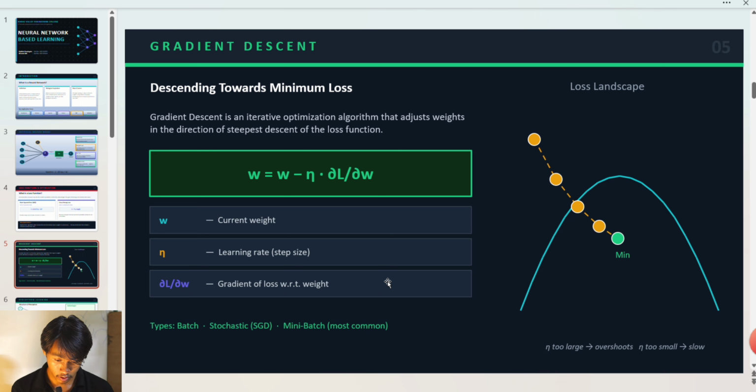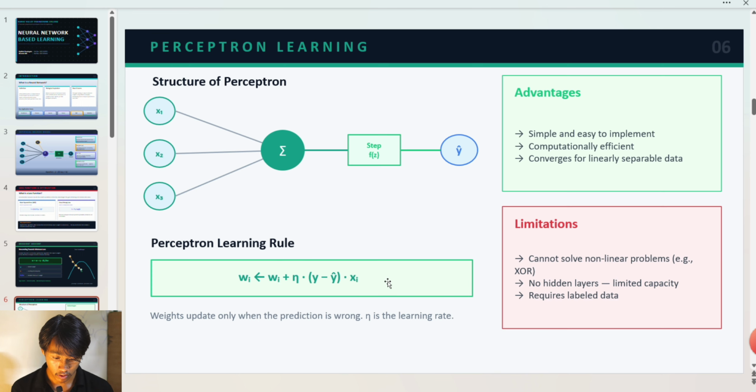Now we are moving to the next part called perceptron learning. What is this? The perceptron is the simplest form of a neural network. It takes inputs, calculates a weighted sum, applies a step activation function, and produces an output. And its learning rule is given here.